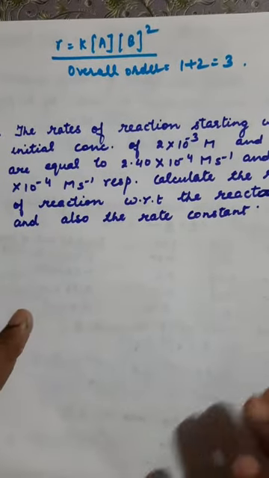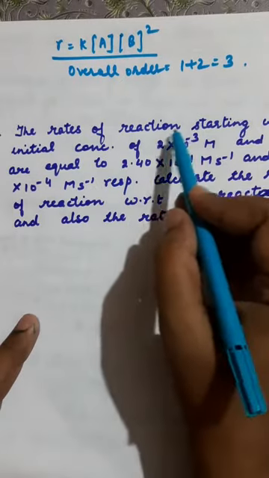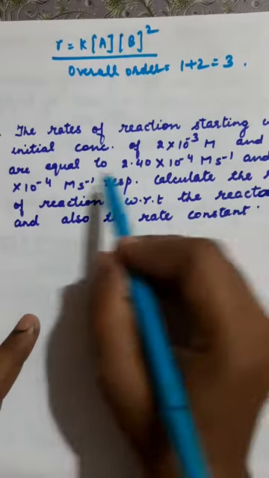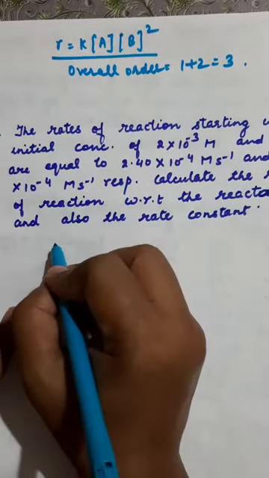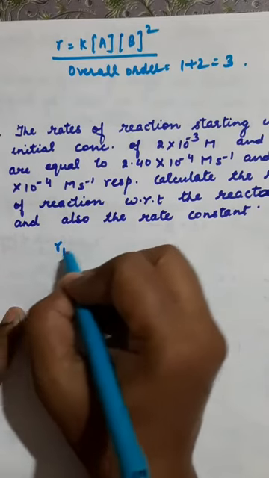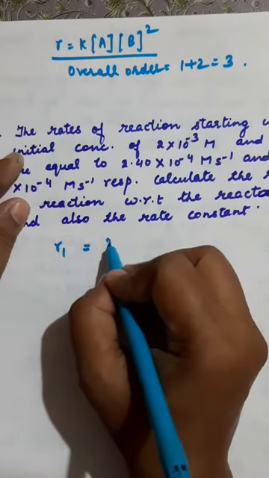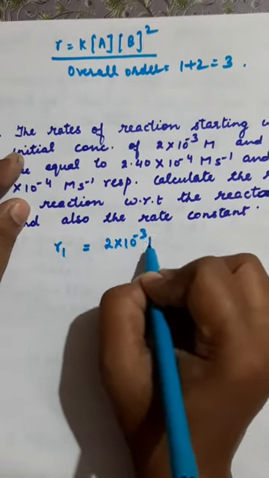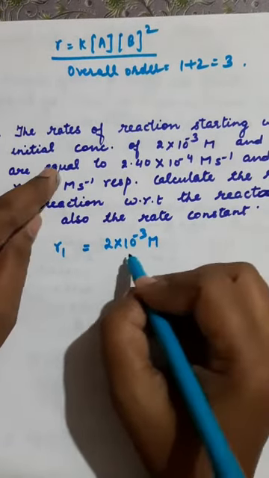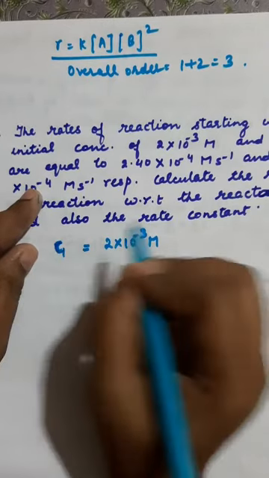Another example is given. Here the rate of reaction is given, starting with initial concentrations. So R1 is given, suppose 2 into 10 power minus 3 molar. This is concentration C1.